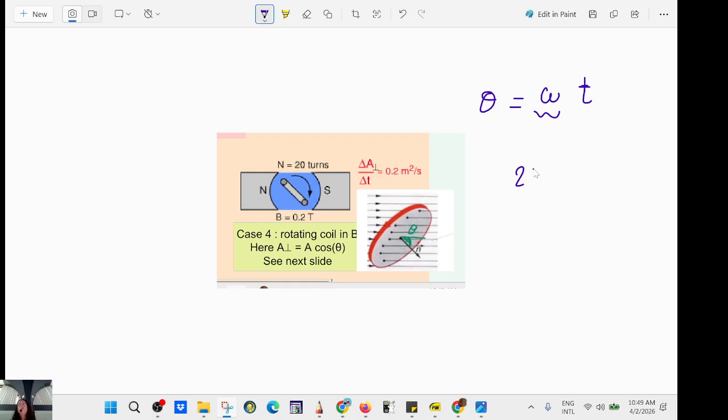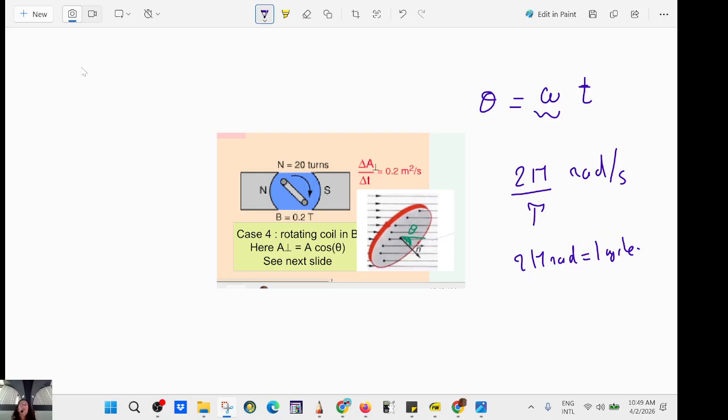Omega is the number of cycles per second. Okay, so 2 pi is 1 cycle, and that will be the time for 1 cycle. So omega is just revolutions per minute, except the unit is in rad per second, right? 2 pi rad is just 1 cycle. So it's spinning at a constant rate.